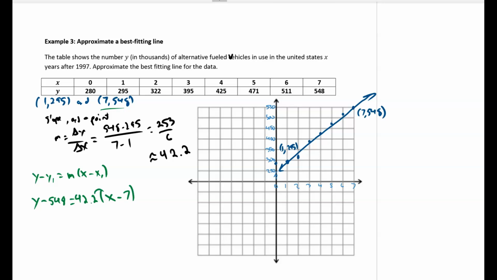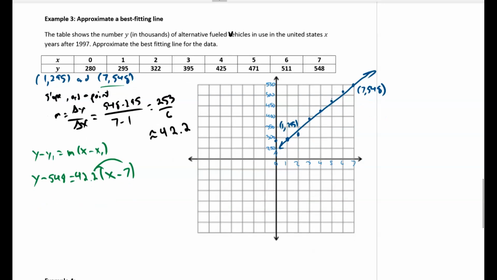Okay, simplify, distribute that 42.2, I'm left with y minus 548 equals 42.2x, minus 42.2 times 7 gives me negative 295.4. Simplify, isolate that variable y, add 548, add 548.